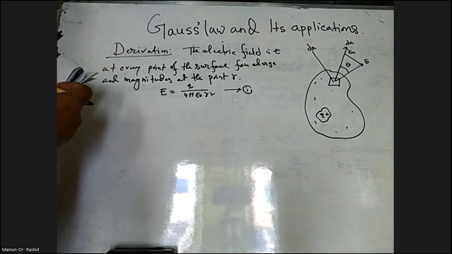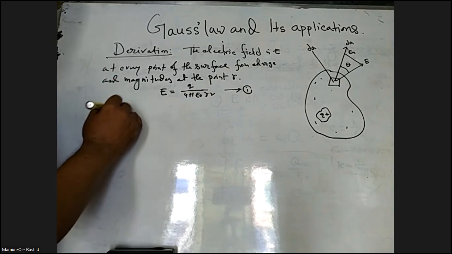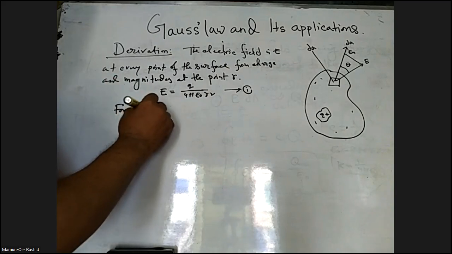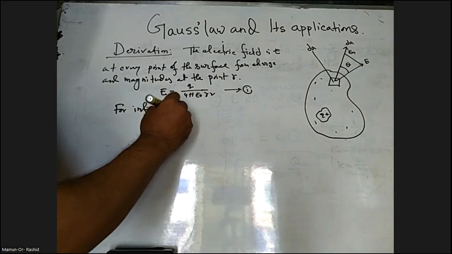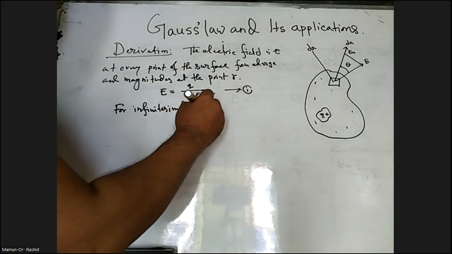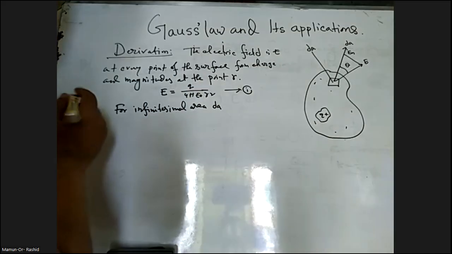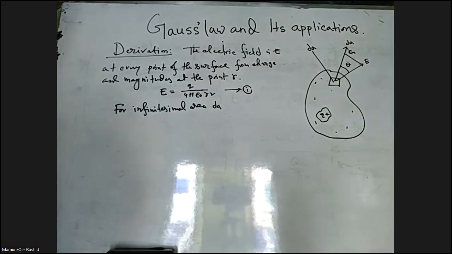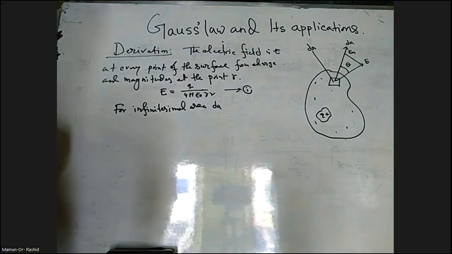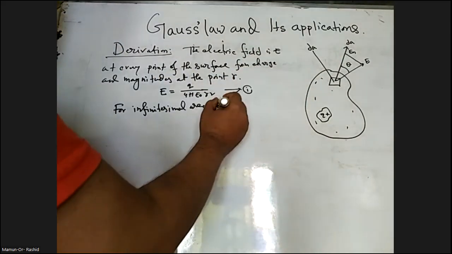Now for the infinitesimal area, the whole area we can divide into small areas dA. This is the infinitesimal area. The magnitude and the direction of the electric field will be the same for this area.